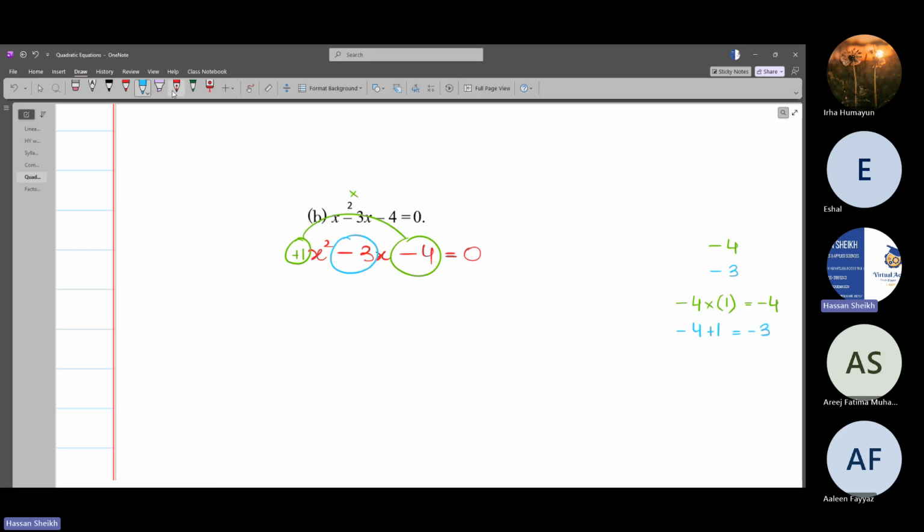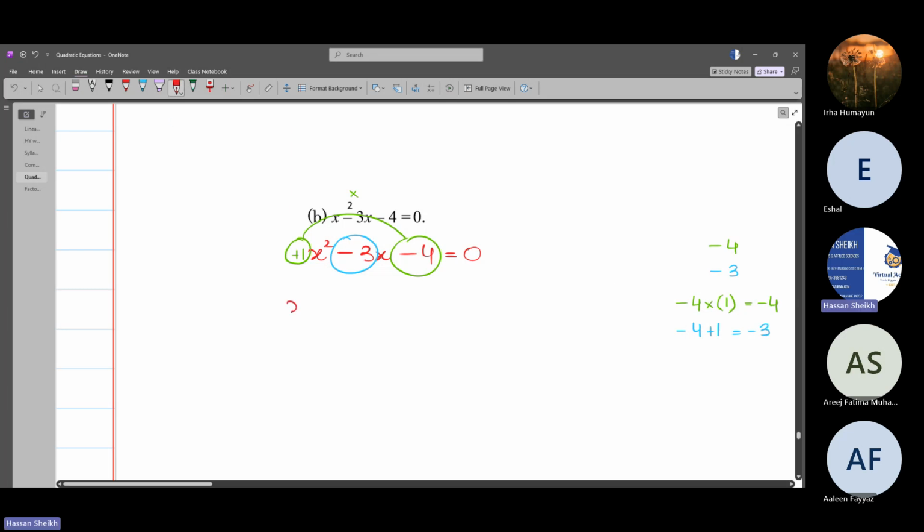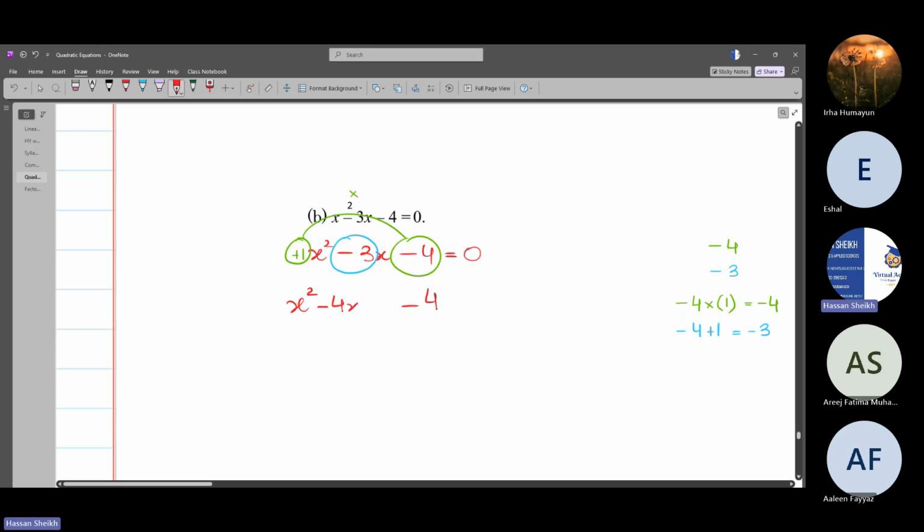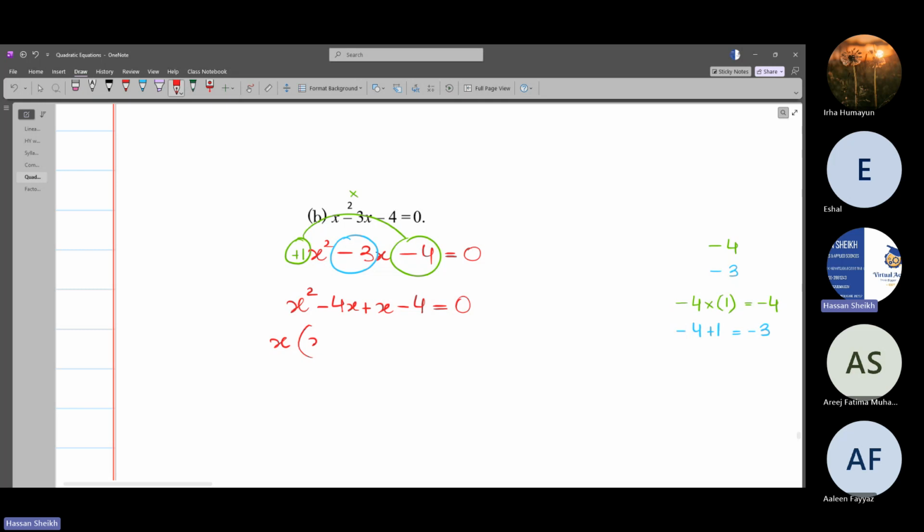Yes, it is satisfied. Now we write x squared and minus 4 as it is. And in the middle, we break this minus 3x into minus 4x plus 1x. Agree? Yes. Equals 0. So we take x common from the first two terms, it will be x minus 4.